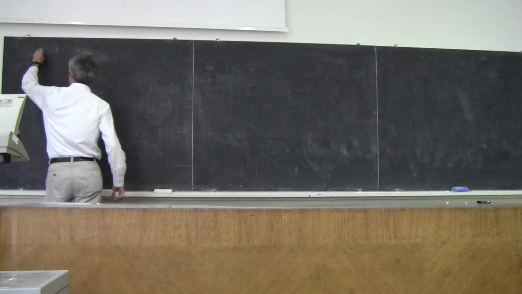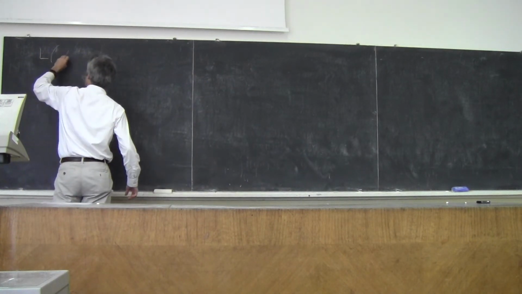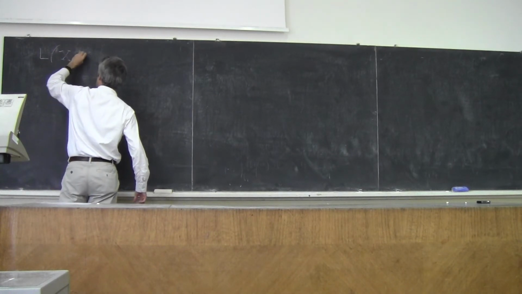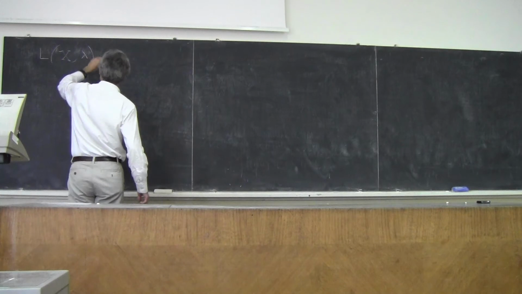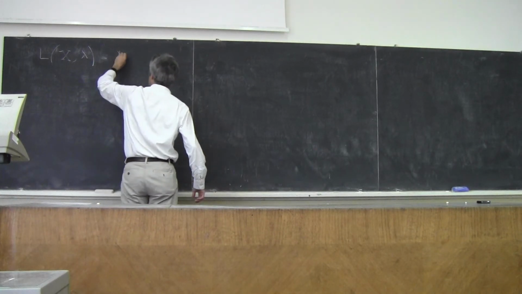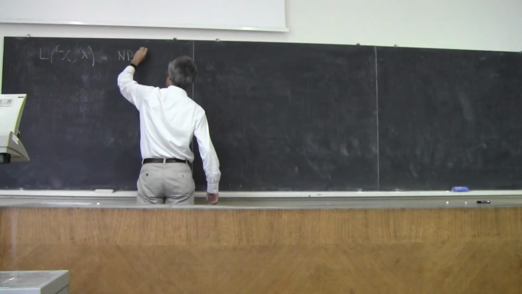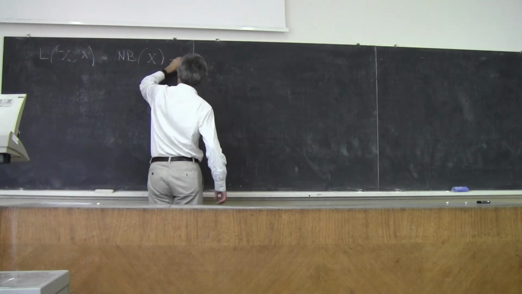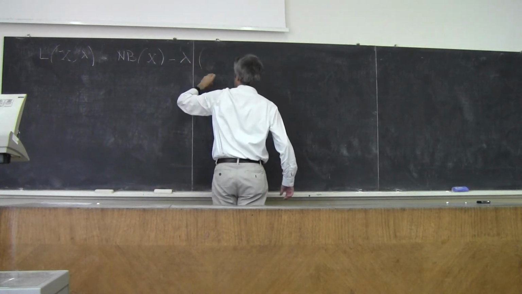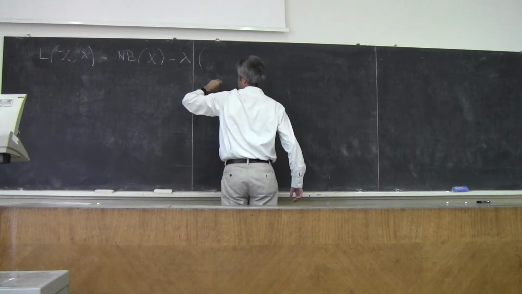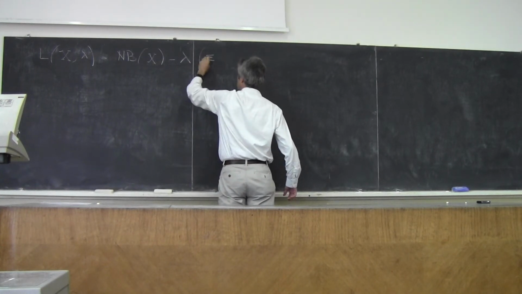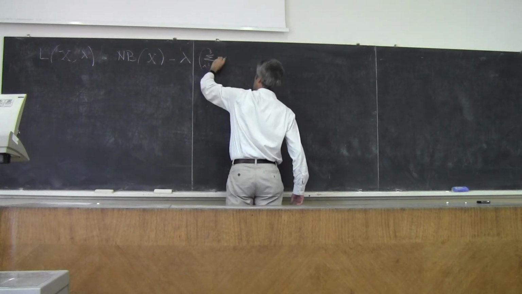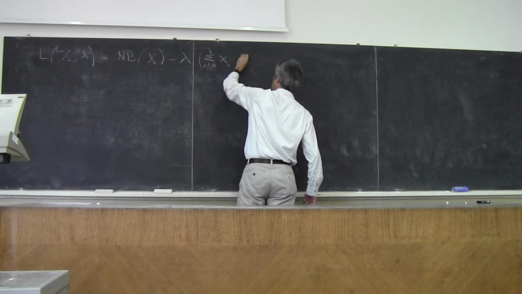The Lagrangian L(x, lambda) is equal to the net benefit NB(x) minus lambda, which multiplies the sum, for i equal 1 to 3, of xi minus q.